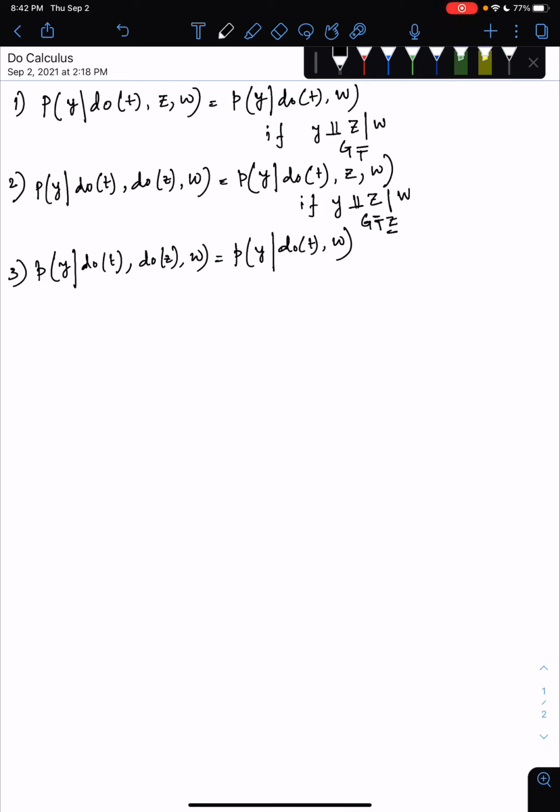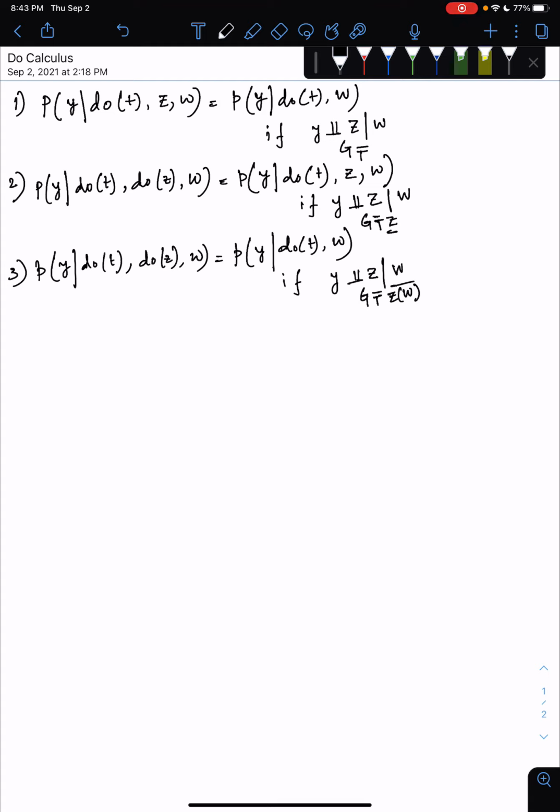So we can completely remove this do z, in a graph where y and z are conditionally independent of w, in a particular graph where there is something like this.